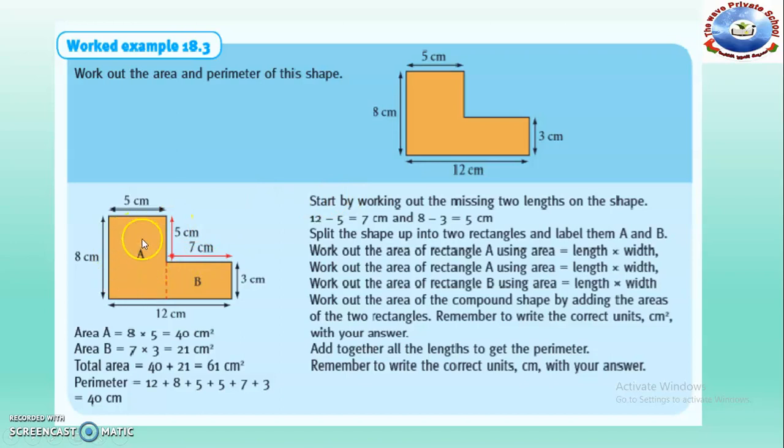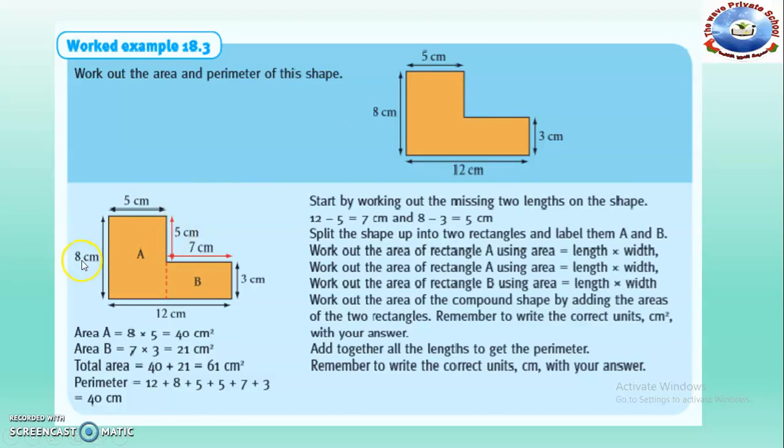This one part we can say is A, and the second part we can say will become B. In part A, we know the width and length of this part, but at the side of this A, we don't know the length. So we will find the length of the missing numbers.